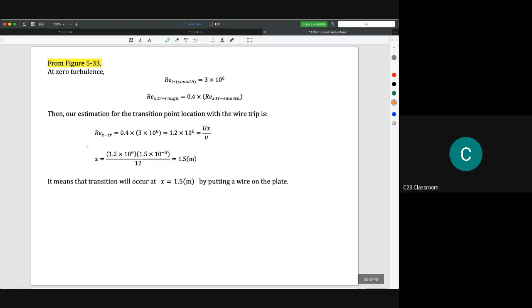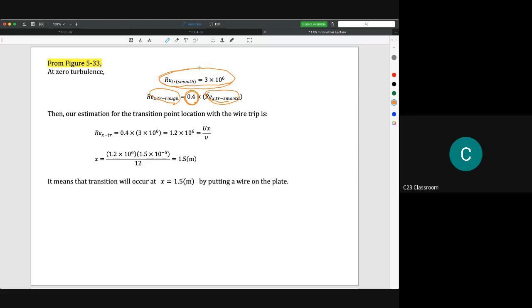Now we have the ratio between the Reynolds number at rough and the Reynolds number at smooth.